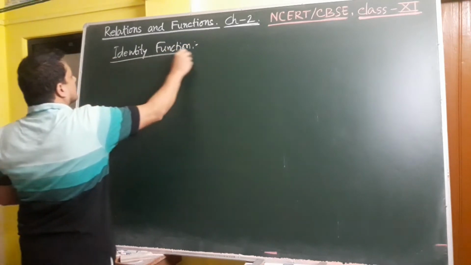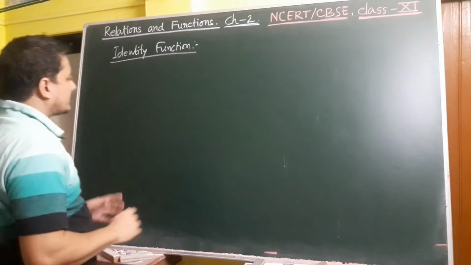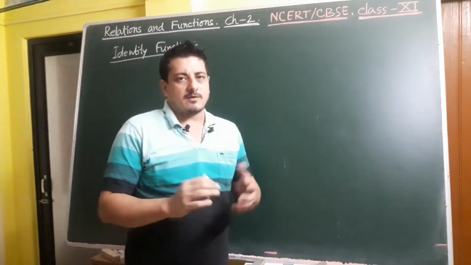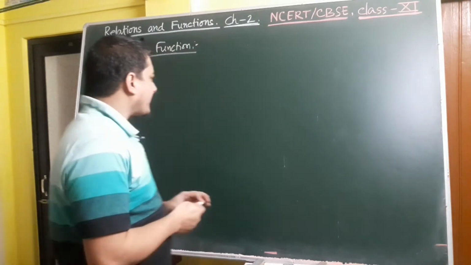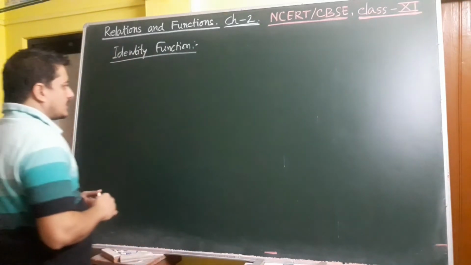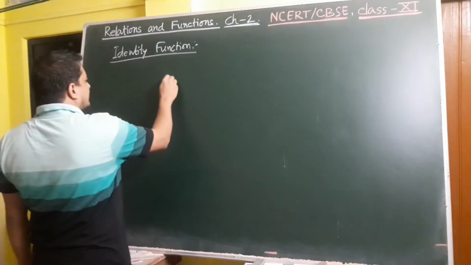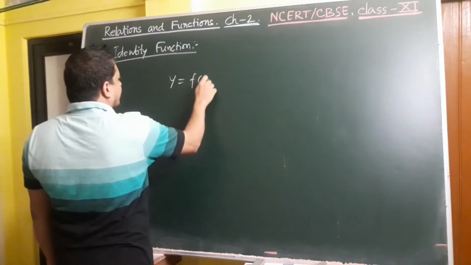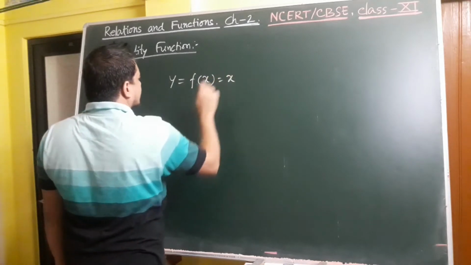But before that I just want to introduce you to how actually you write all these functions. So for example, if I write y is equal to f of x is equal to x.